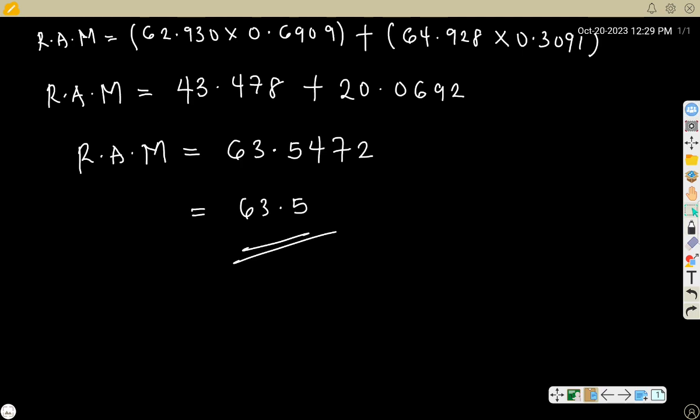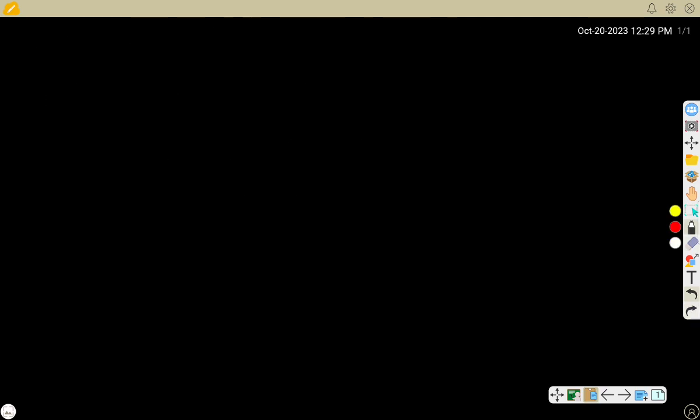So now let's see another example. So that is one example. Let's say we have chlorine. Another example: chlorine has two isotopes.